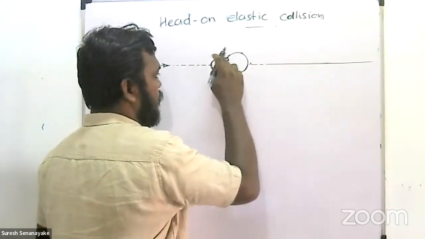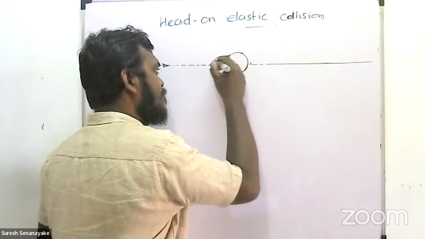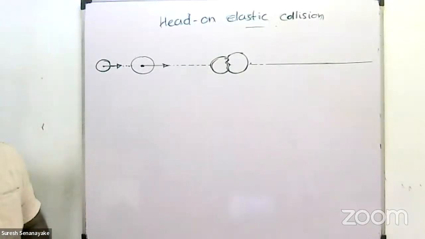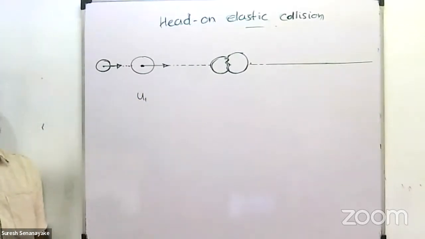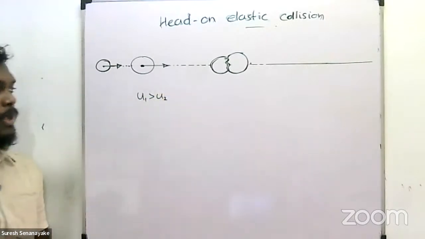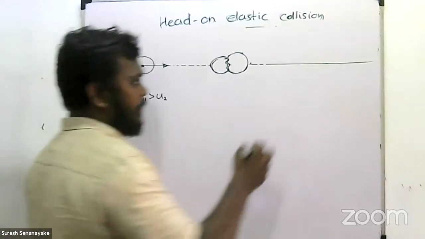Then write within brackets, u1 is greater than u2, along the same straight line.